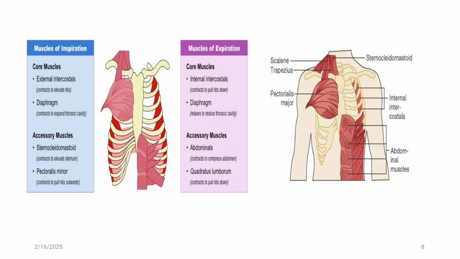What are those muscles? They are the abdominal muscles, the muscles of the abdominal wall, like the internal oblique, external oblique, and transversus abdominis. Contraction of these muscles increases the intra-abdominal pressure and pushes the diaphragm upward into the chest cavity, which helps in exhalation.